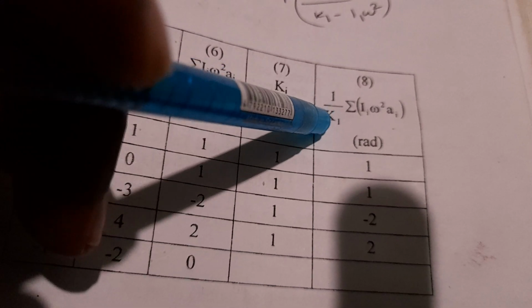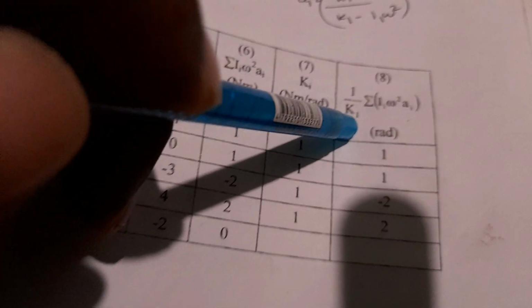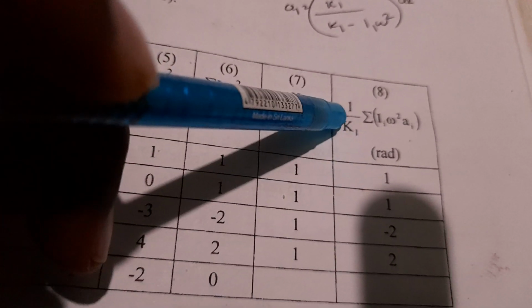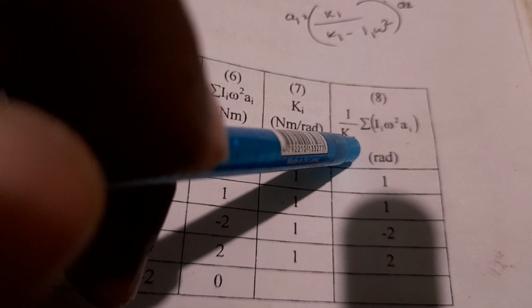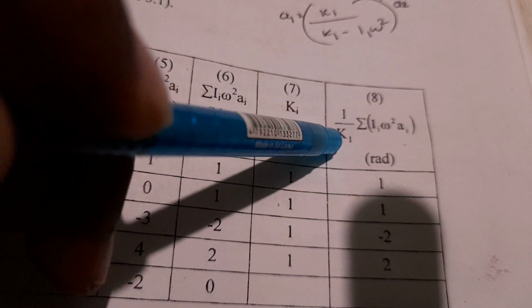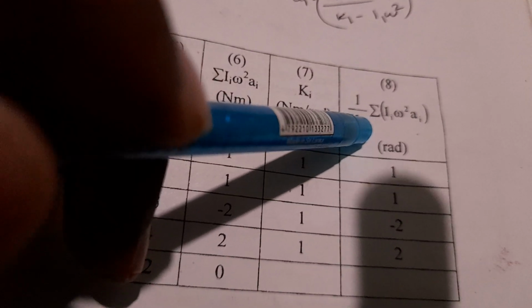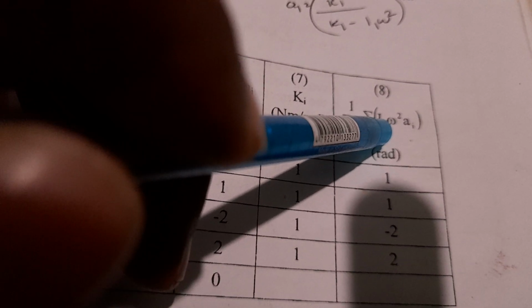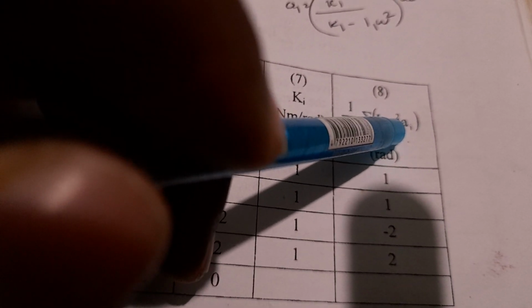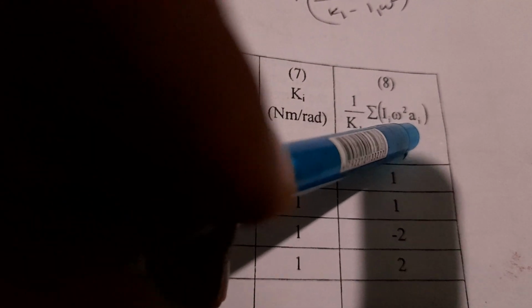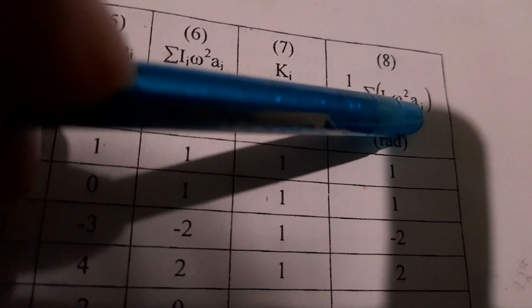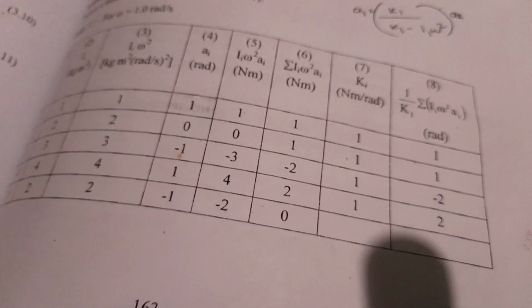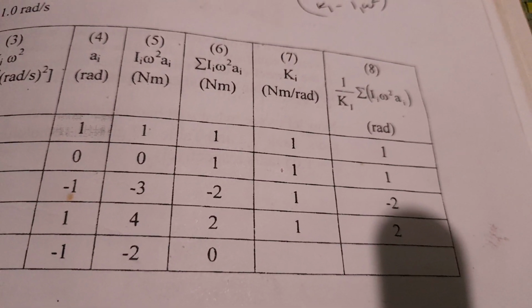Look at the last one. 1 over ki, torsional stiffness of the ith rotor, times sigma I, that means the moment of inertia of the ith one times omega squared times amplitude of the ith rotor, right? Simply add this. See this suffix i.